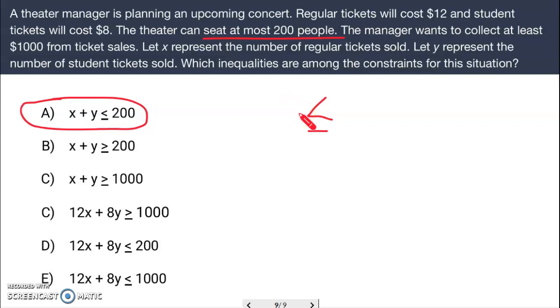X is the regular tickets, and Y is the student tickets. So we're looking for one of these down here, C, D, or E, and then we have the phrase at least. For at least, we're looking for greater than or equal to. So we see at least $1,000, we want greater than or equal to. That would go with C here, 12X plus 8Y greater than or equal to $1,000.